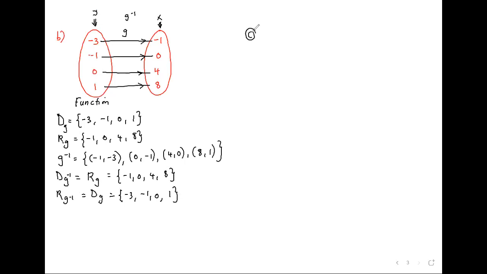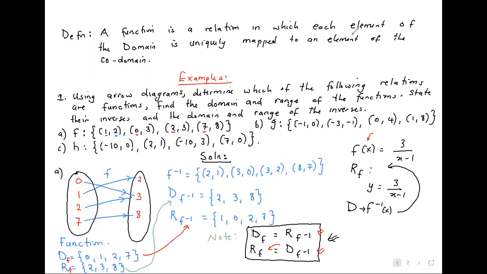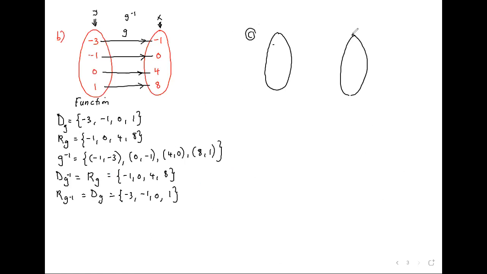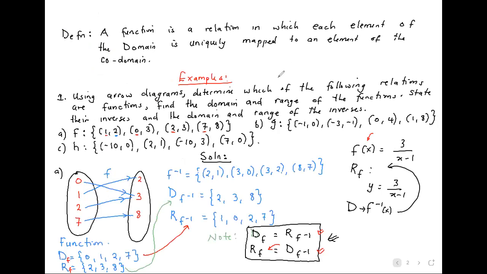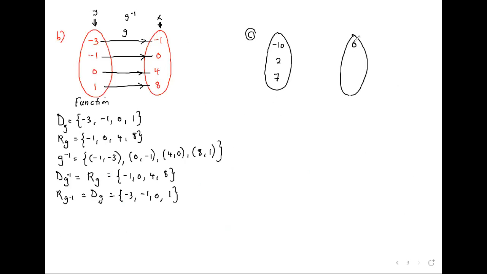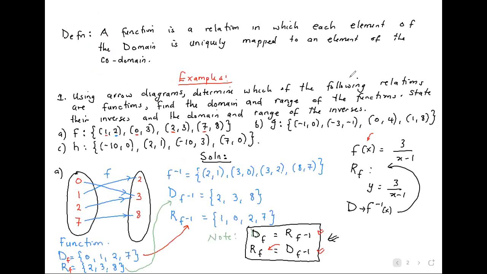Okay, we go to C, the arrow diagram. So C, we have -10, 2, 7 on the left, and then we have 0, 1, 3 on the right.